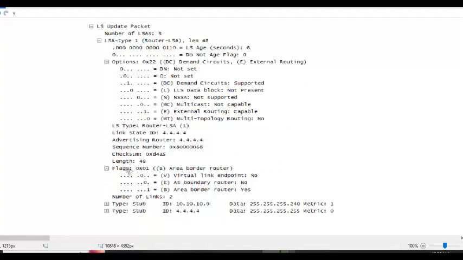And then what it is carrying, it is carrying the networks, the metric, the subnet mask, the metric based on the cost.